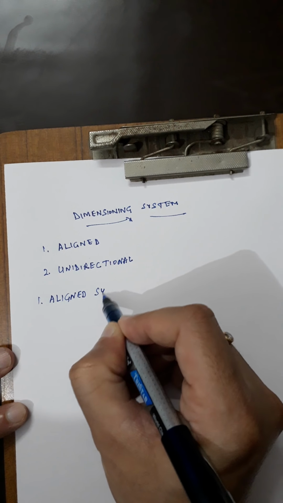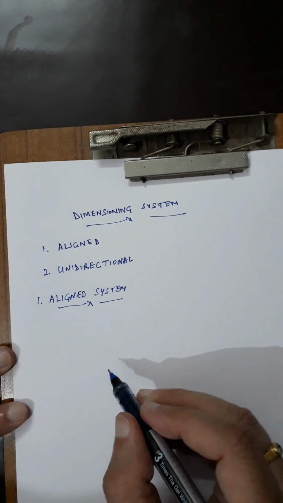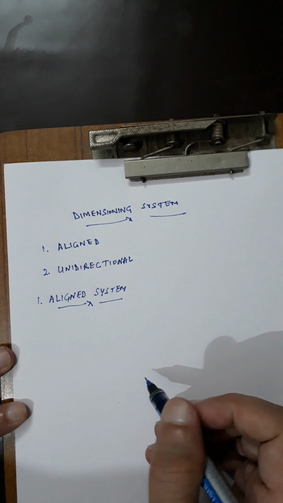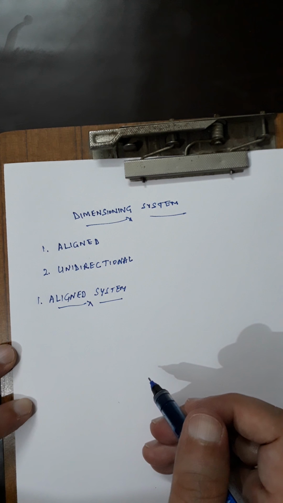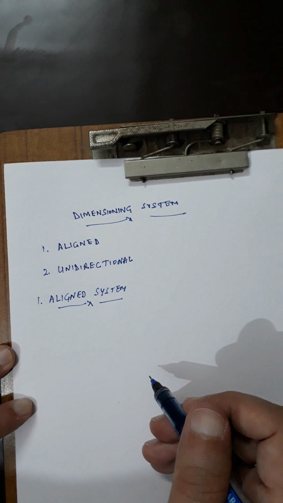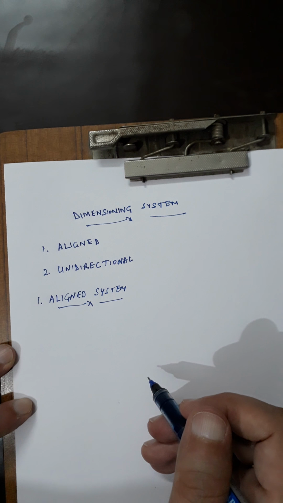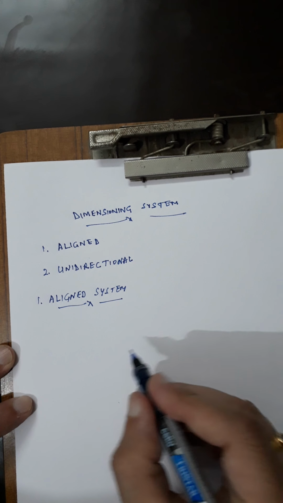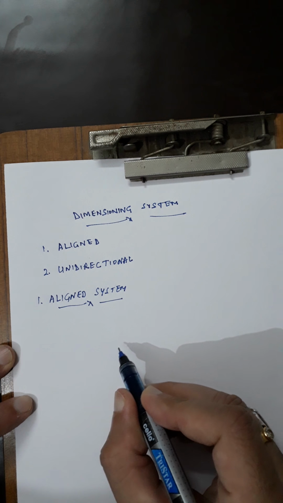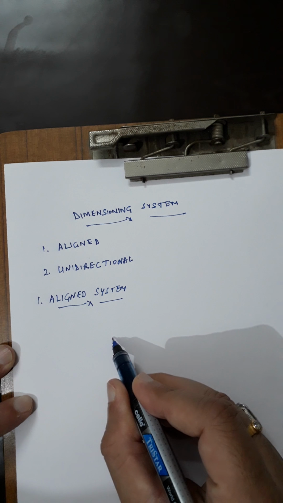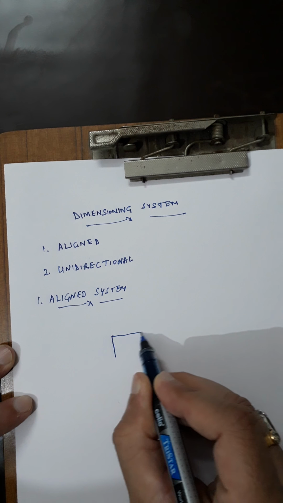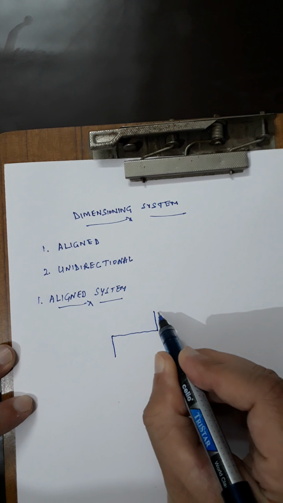Aligned system of dimensioning means that all the dimensions are put in such a way that they can be read either from the bottom edge of the sheet or from the right hand edge of the sheet. I will take the example here, like this is the drawing of any component.